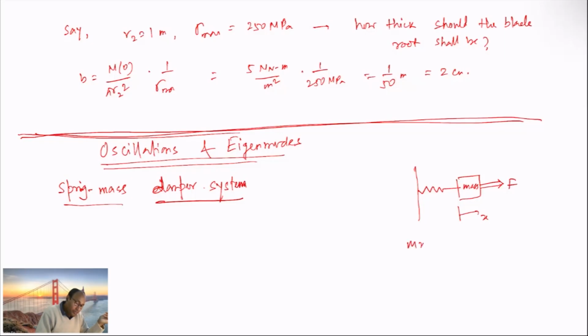They follow a simple equation where m x double dot plus beta x dot plus kappa x equals f of t.